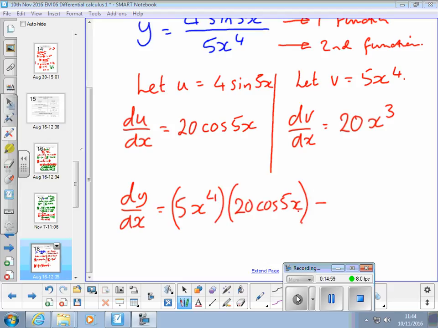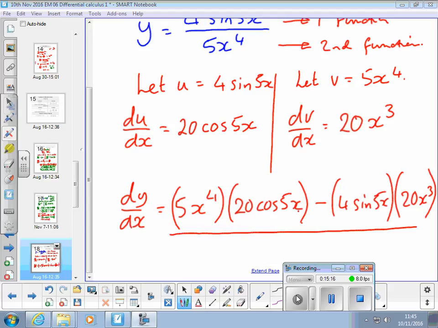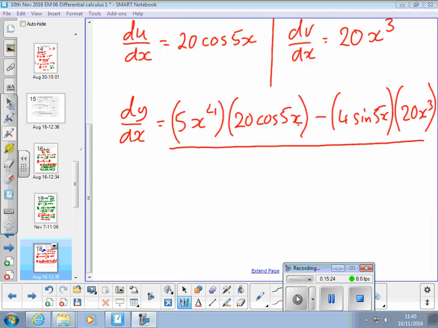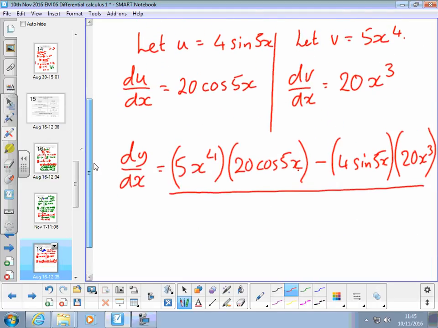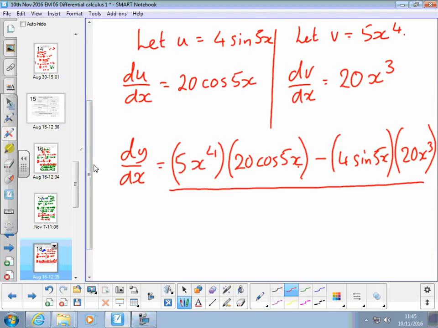Minus 4 sine 5x times 20x cubed, all over v squared. And v was 5x to the 4.